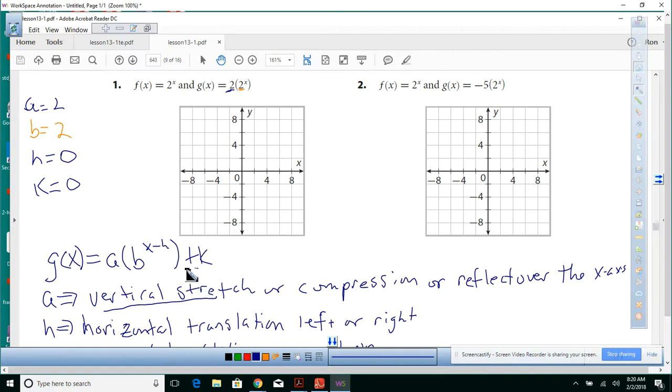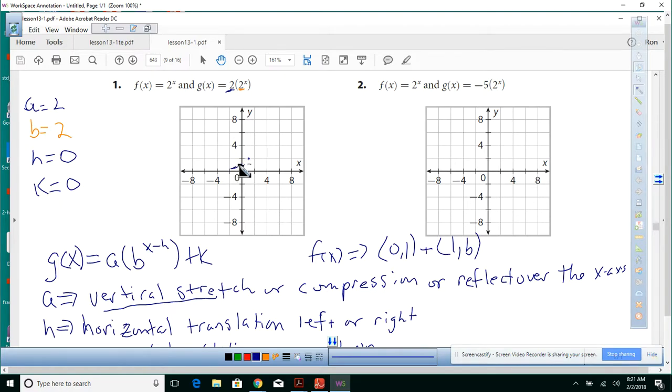Okay, now f of x will always go through these 2 points. You got 0, 1, and 1, b. All right, so 0, 1 would be right there, and 1, b, well, b is 2, so that's going to be 1, 2, and that's going to be right there.